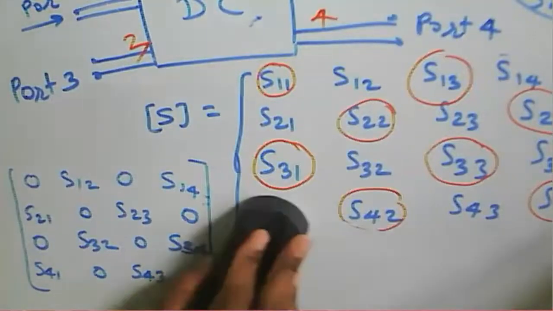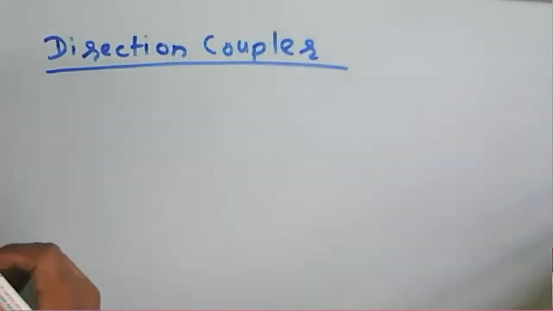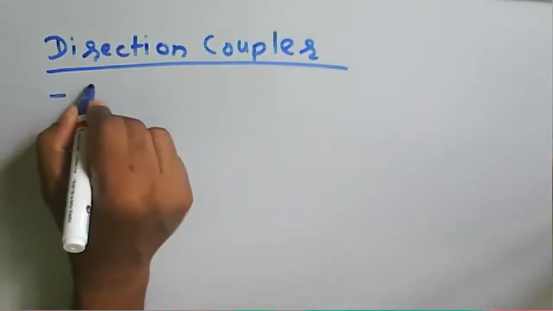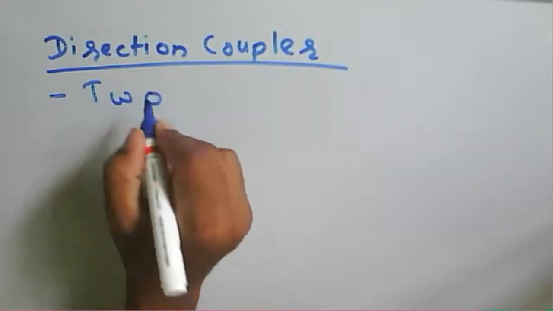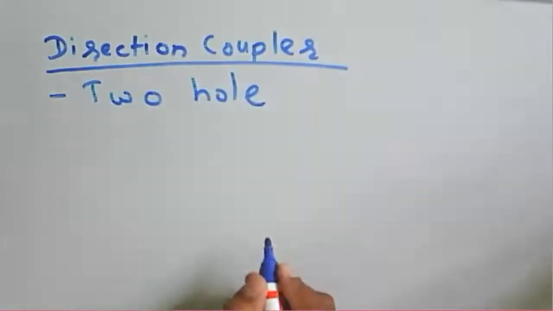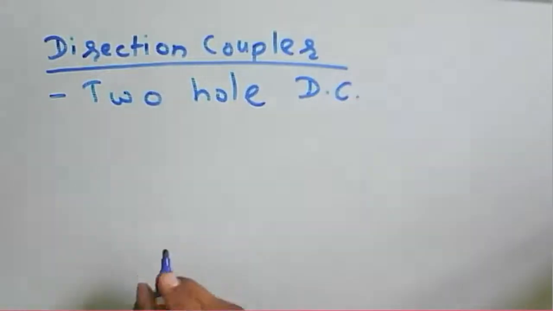There are various types of directional coupler. The directional coupler, as I told you earlier, has a main arm, and to the main arm we consider there will be a lot of coupling component. Coupling takes place between the main arm and the secondary arm through holes. If it has two holes, it is called a two hole directional coupler.